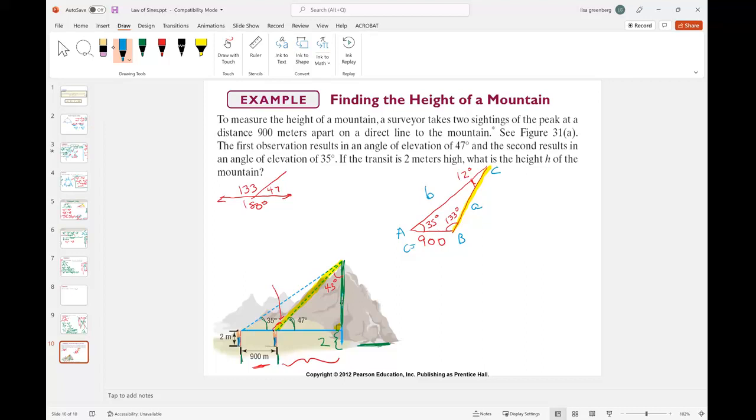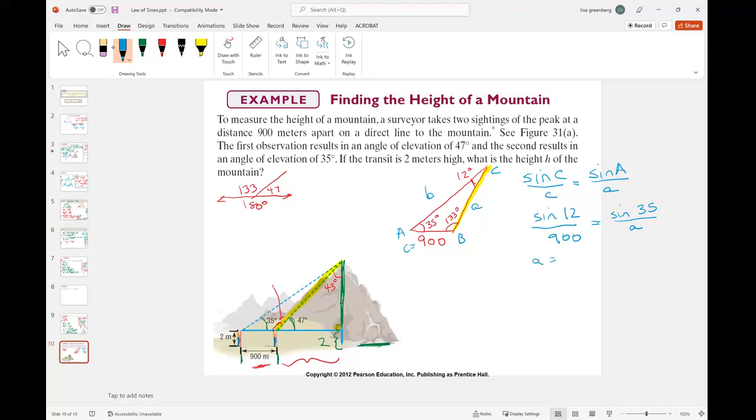What I really want to find is A, and I know C. So I can use the sine of C over C is equal to the sine of A over A. The sine of C is 12 degrees over 900 is equal to the sine of A, which is 35, over A, which is what I'm trying to find.